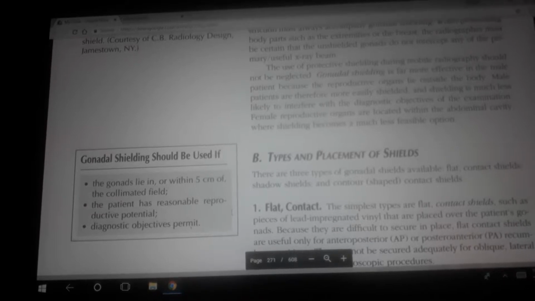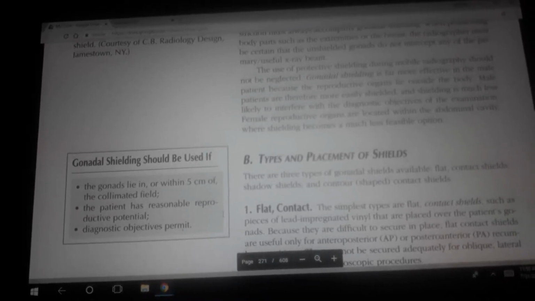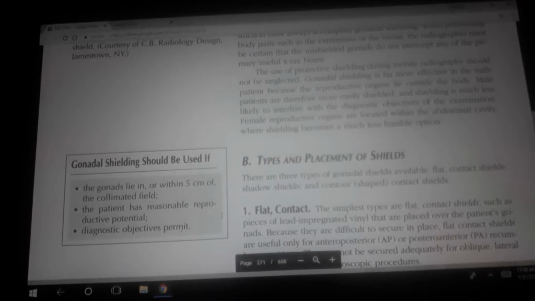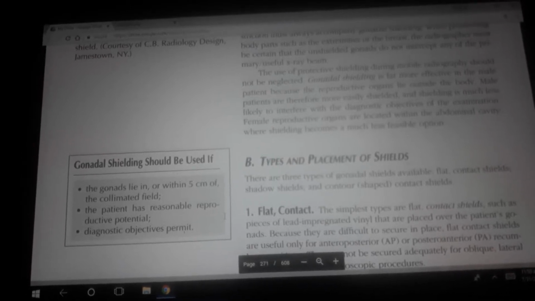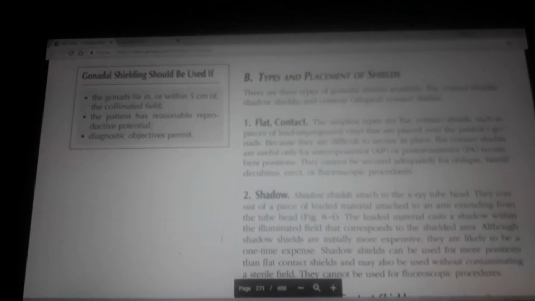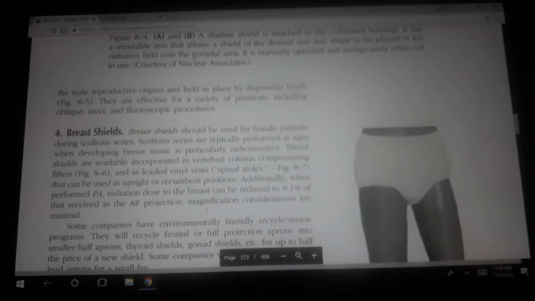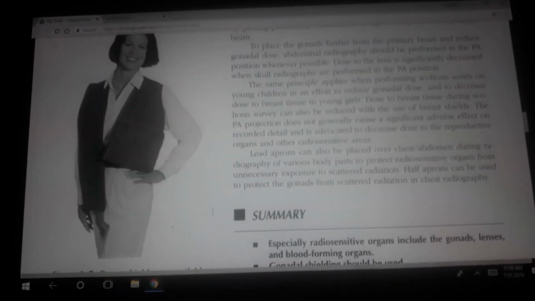Shielding. Gonadal shielding should be used when the gonads lie within 5 cm of the collimated beam, the patient has reasonable reproductive potential, and the diagnostic objective permits. Three types of radiation protection are used for the gonads and breast.